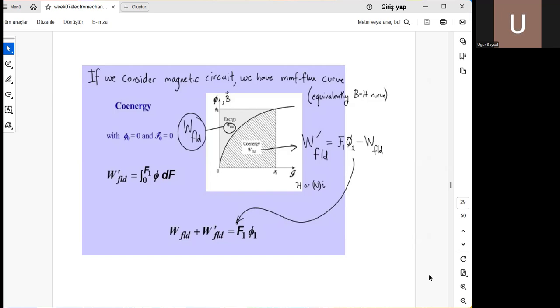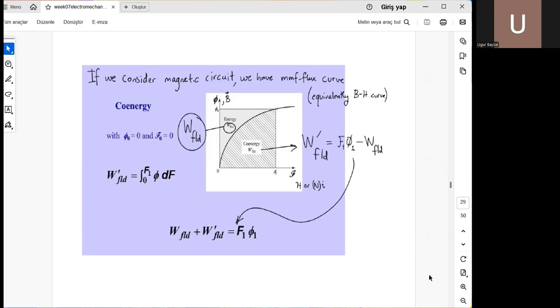So our ferromagnetic system has a nonlinear flux versus MMF characteristic, as shown. As I said in the beginning of this video, the energy is the area between the curve and the vertical axis.